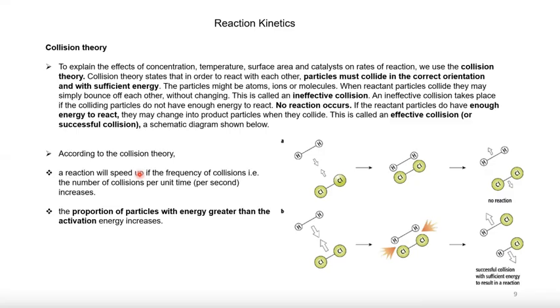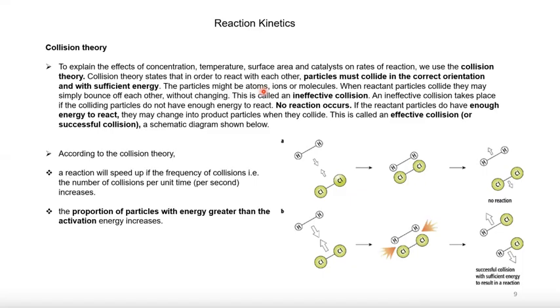The proportion of particles with energy greater than the activation energy will also increase the reaction. This is collision theory. Collision theory states that in order to react with each other, particles must collide in the correct orientation and with sufficient energy. The particles might be atoms, ions, or molecules.